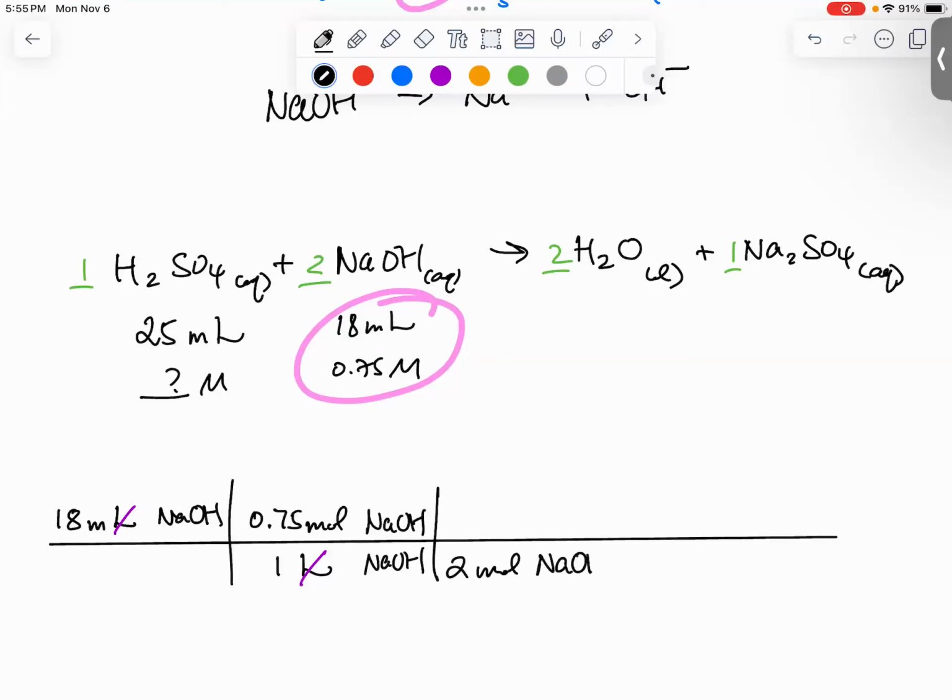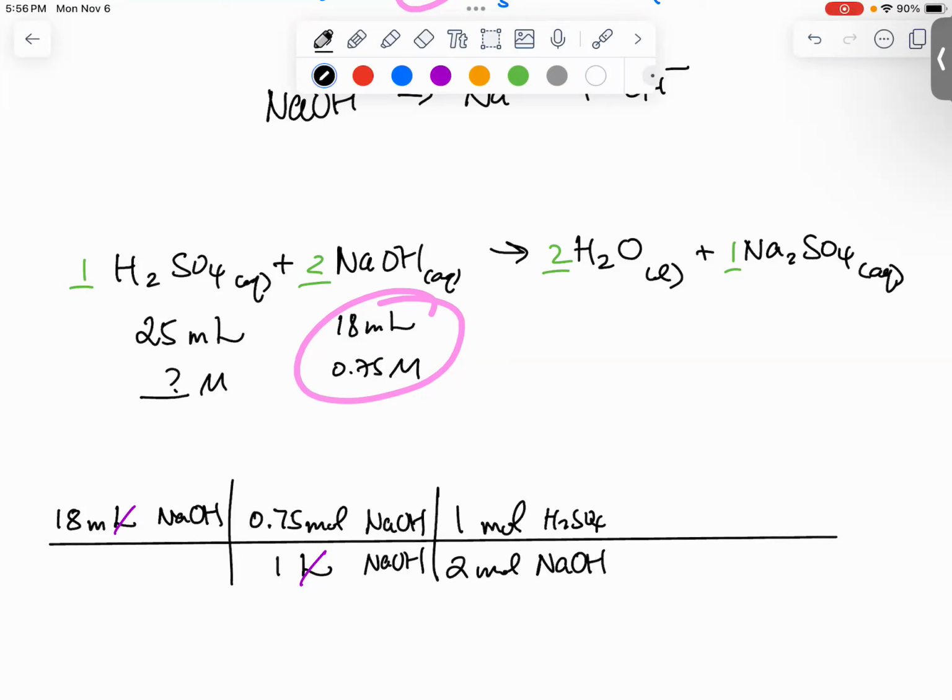So I broke down the big M to the actual unit, moles per liter. Oh, sorry. The mole ratio is 2 moles of NaOH to 1 mole of H2SO4. Okay.